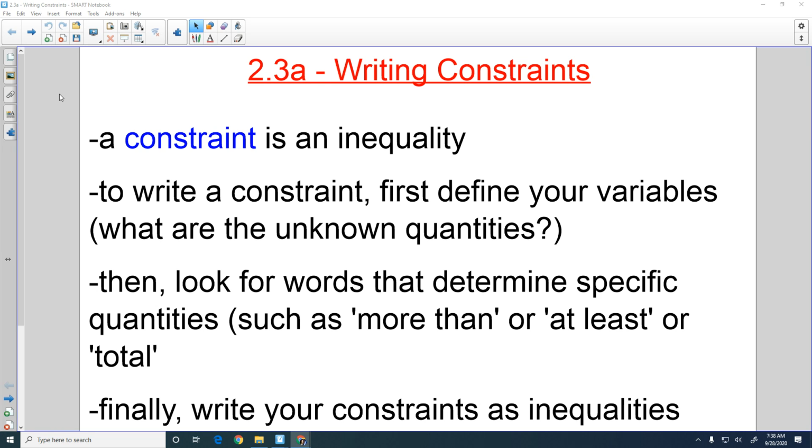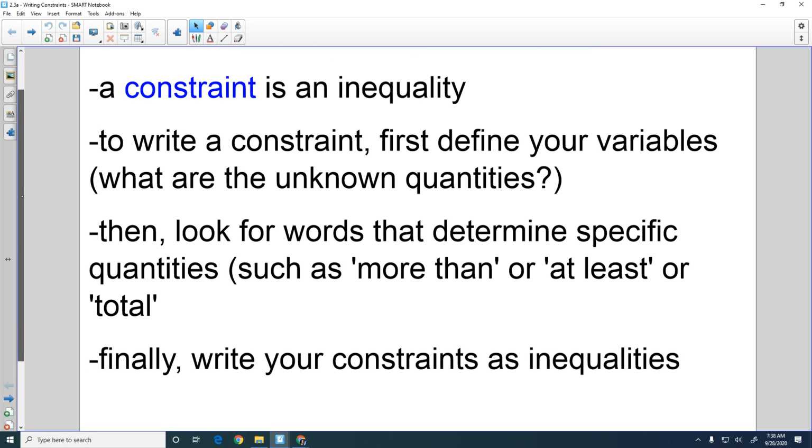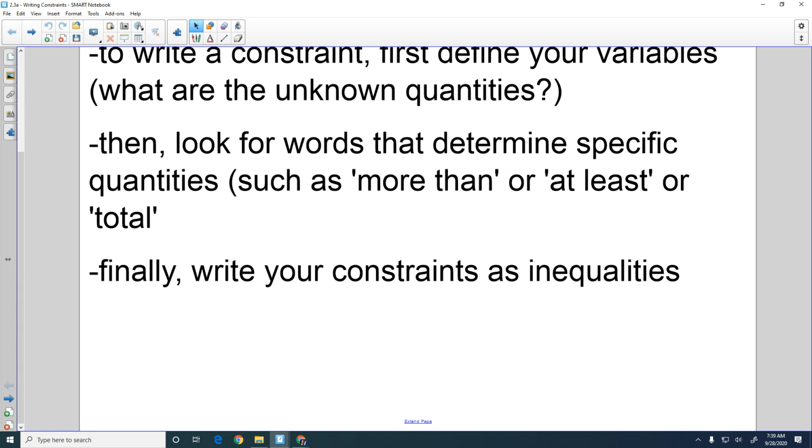If I need to eat at least 2 pounds of French fries, then you could say X has to be greater than or equal to 2, because I have to have at least 2. I can have more than 2, but I can't have less than 2. And then we're going to be writing these constraints. They're really just inequalities. So we're creating several inequalities, like a system of inequalities.